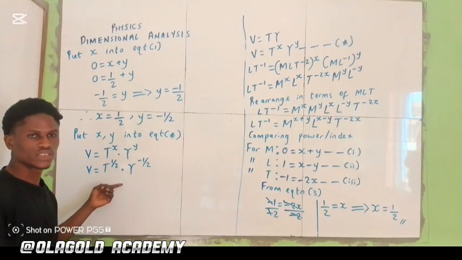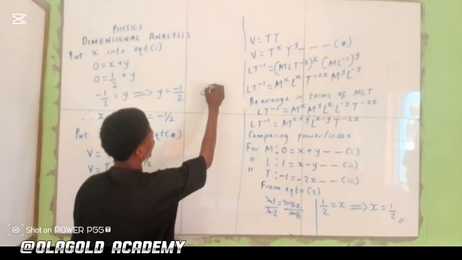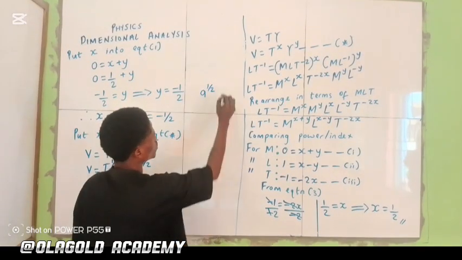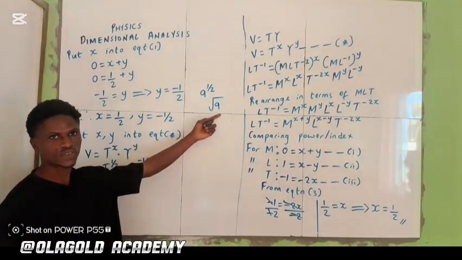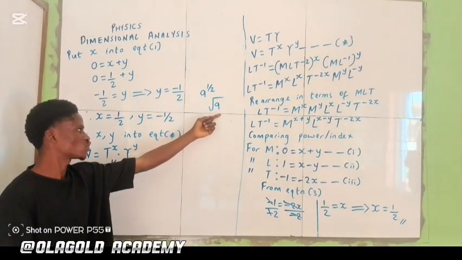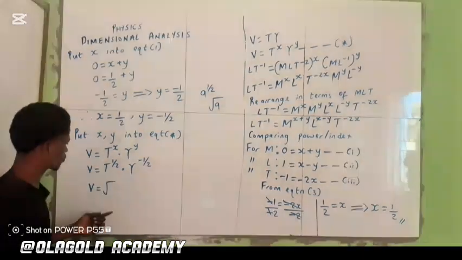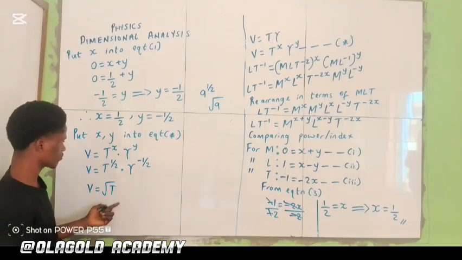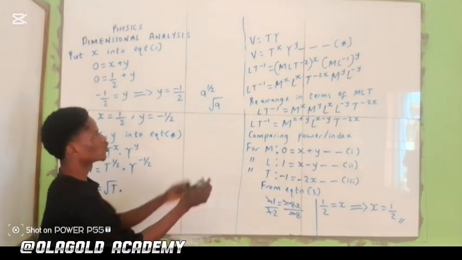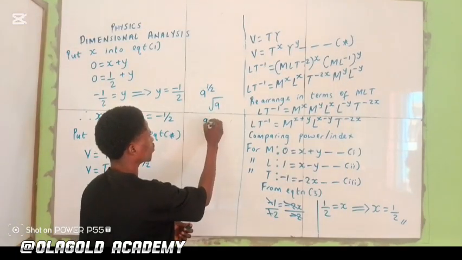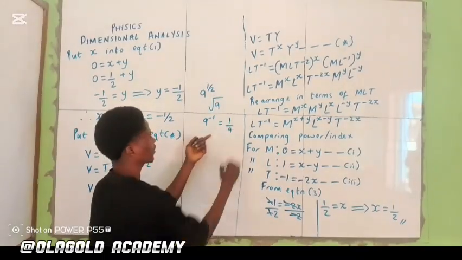Alright, in indices, if we have a raised to the power 1 over 2, it becomes the square root of a. So we're going to have our v to be equal to the square root of t multiplied by, now if we have a raised to the power minus 1, it's the same thing as 1 over a.